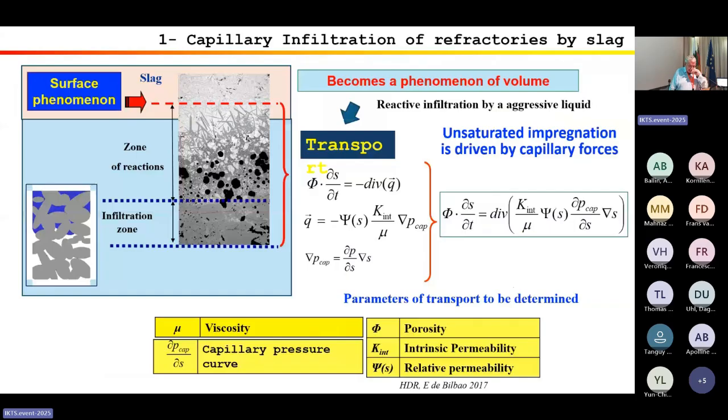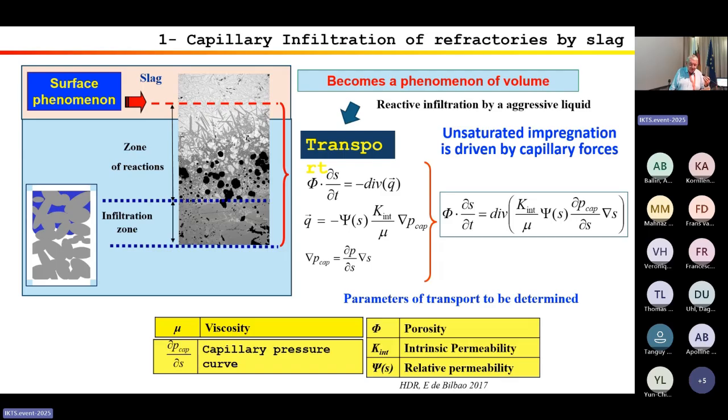Just look at this. Here it's a capillarity infiltration of refractory by slag. What happens? In contact with slag, we have a surface phenomenon which becomes a phenomenon of volume. It is due to the reactive infiltration of an aggressive liquid. We can define the equation of the transport of this liquid under saturated impregnation, which is driven by capillarity forces.